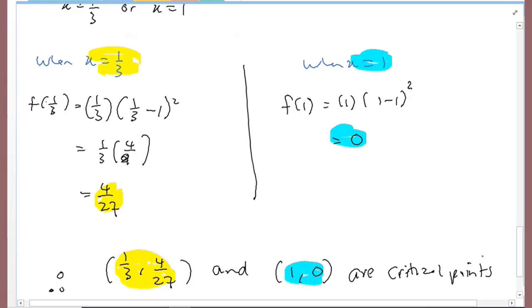So settle. No need to test maximum or minimum, because the question asks for critical points. That one is the introduction for critical points.